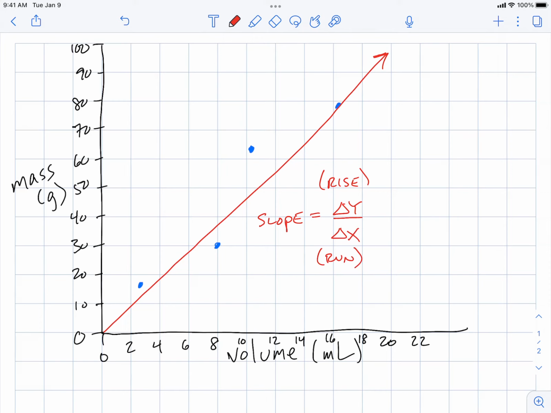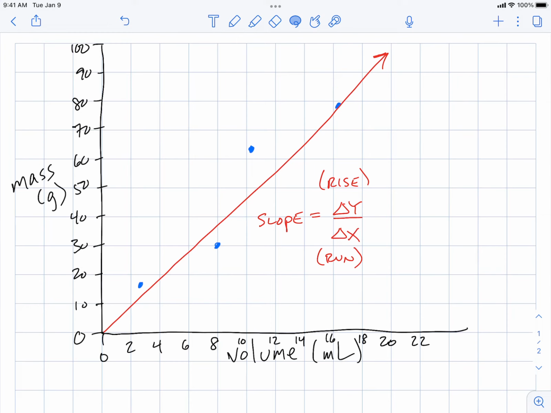Okay? Now, when we do that, the key thing to remember is that you're going to be calculating the slope of the line, not the slope of a data point. So you would have to choose some points that hit on the line. Now, we could choose this data point here because it hits the line.